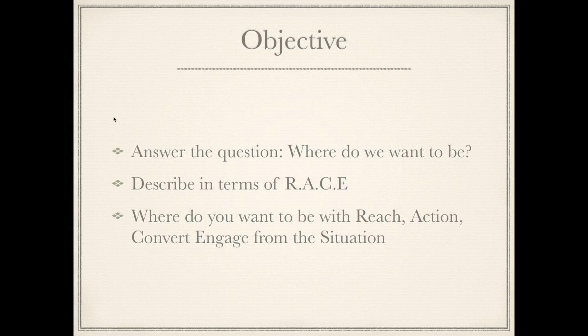Okay, so you've identified where you are now. Your objective answers the question, where do you want to be? An example of where we are now would be ticket sales at the stadium are declining 20% year over year. So every season, our ticket sales have been declining 20% for the last 5 years. Where do you want to be?